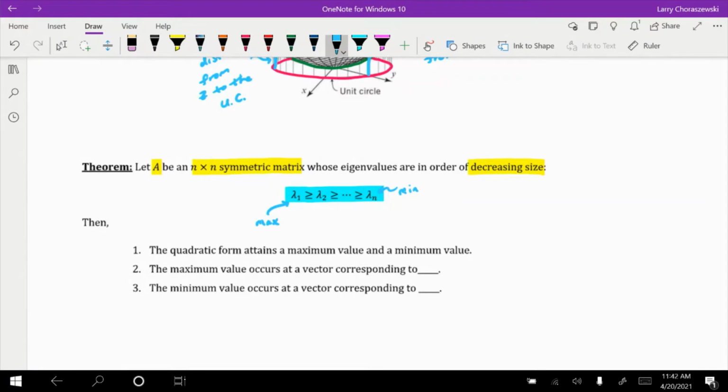If this is the case, then our quadratic form, x transpose A x, will have a maximum value and a minimum value. In plain old English, this means that maxes and mins exist.